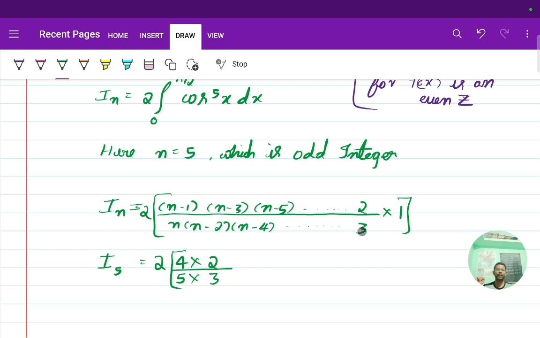At the last we have to get 2 by 3, we already have 2 by 3, then into 1 is 1, the same thing, which is equal to 4 into 2 is 8, 8 into 2 is 16, divided by 5 into 3, that is 15. So I_5 is equal to 16 by 15.